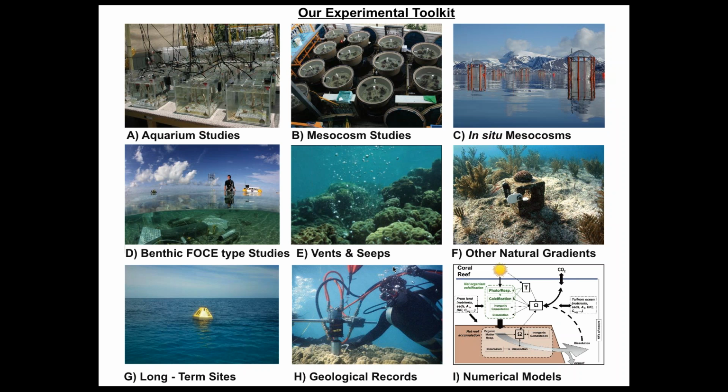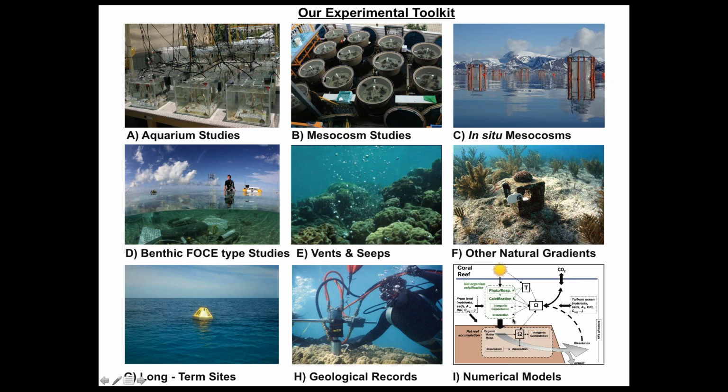And then to bring this all together, a very important component are numerical models that try to make sense of all these different types of data so that we can come up with mechanisms and models for how these different stressors are affecting key processes like photosynthesis and respiration and calcification, and how these might affect global cycles.